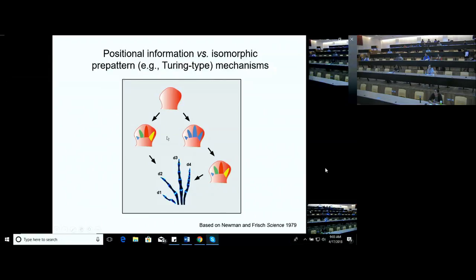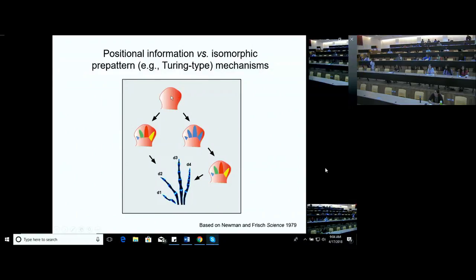This is a limb bud from a vertebrate organism like a mouse or like a human. We have to try to understand how the fingers, for example, will form within this tissue, because the tissue is quite homogeneous looking to begin with.